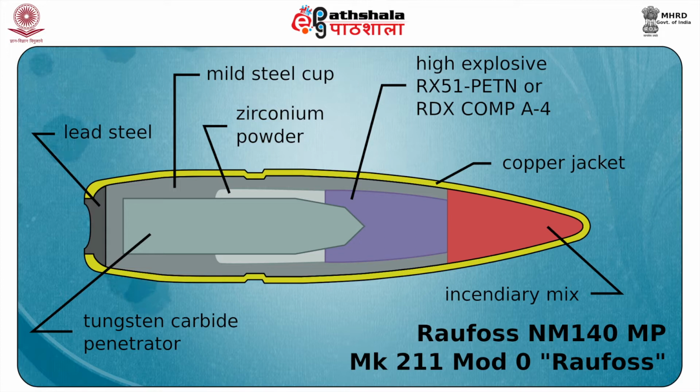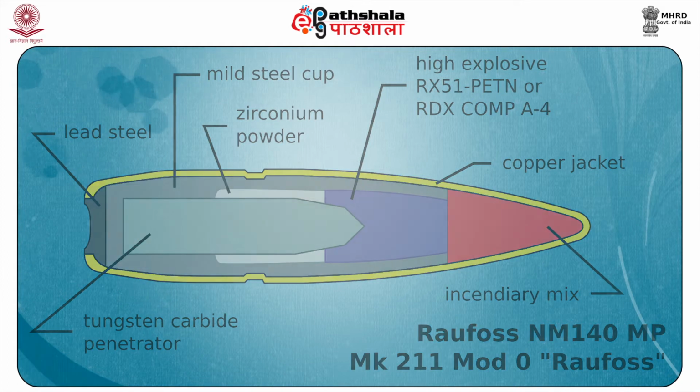The high explosives may be further grouped into primary and secondary high explosives. High explosives experience detonation with explosive velocity ranging from 3 to 9 km per second. RDX, PETN, TNT, and ANFO are examples of high explosives.